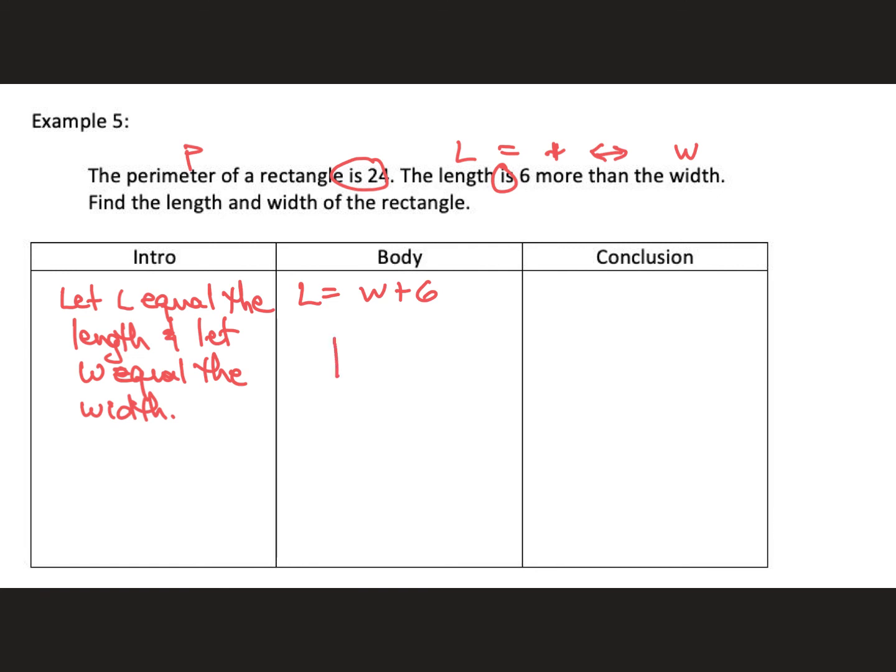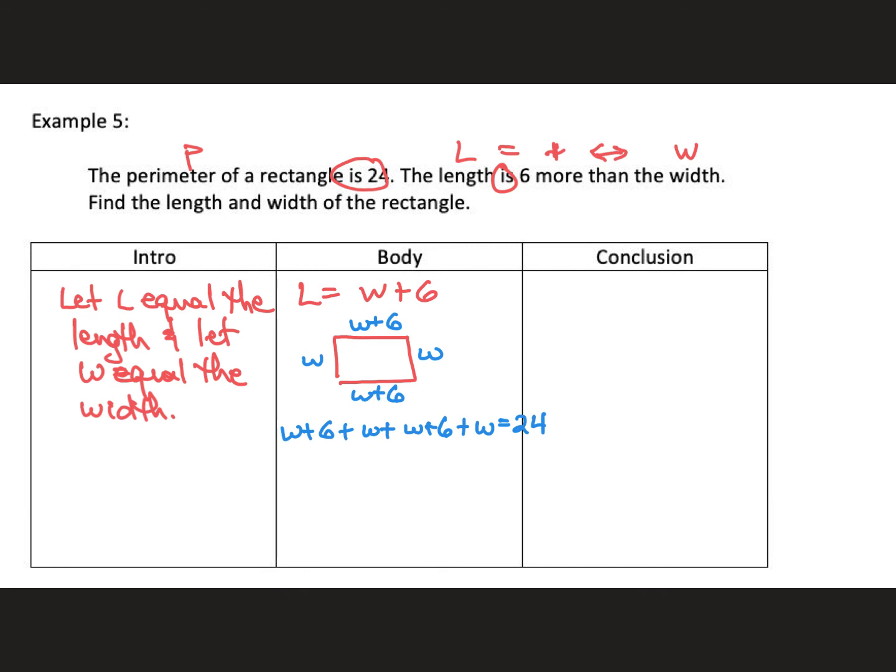Let's draw our picture, and then label it with what we have. They say the length is W plus 6, W plus 6. Our widths are still the same, so we have W and W. Let's put the equation together: W plus 6 plus W plus W plus 6 plus W equals the perimeter, 24.